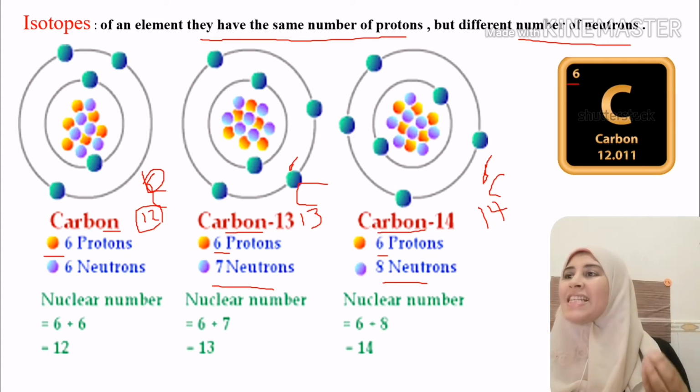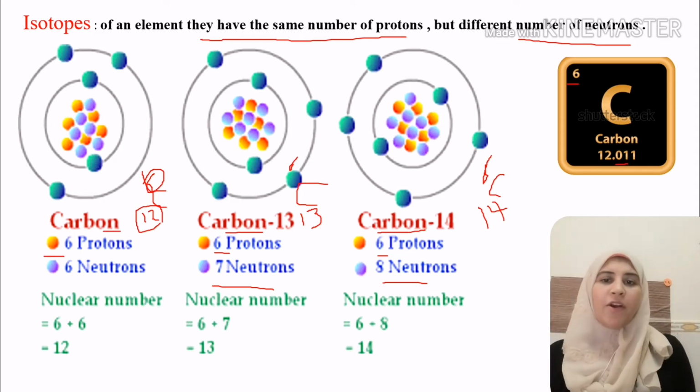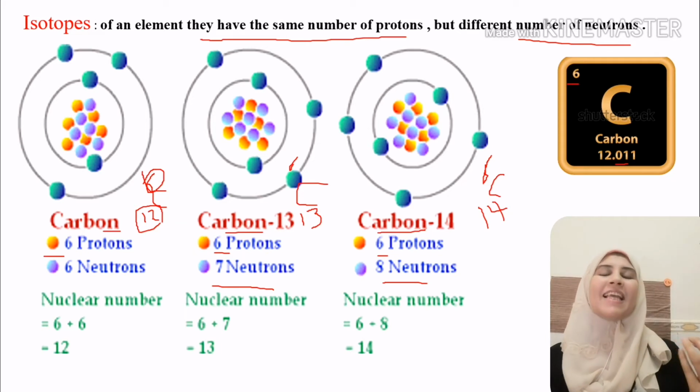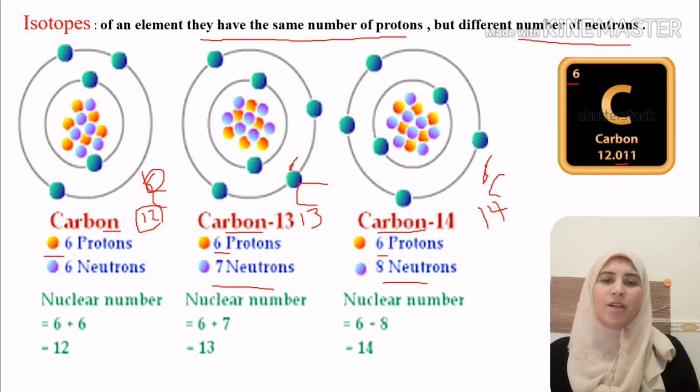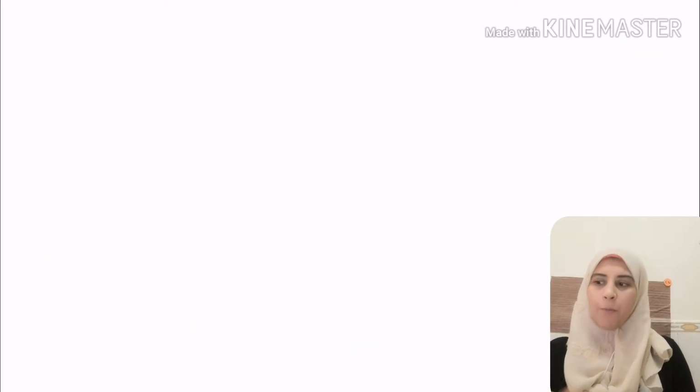So we have carbon 12.011. From where does 12.011 come? It is calculated from the average atomic mass of the element. How can we calculate the average atomic mass of the element? We will train on it together right now.